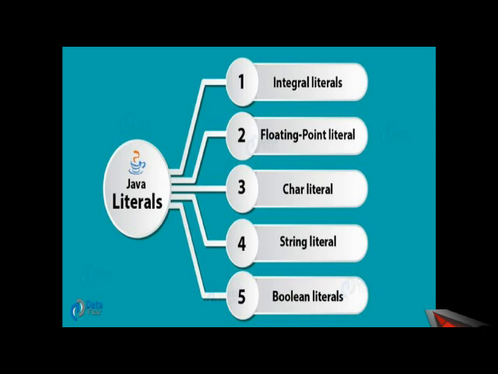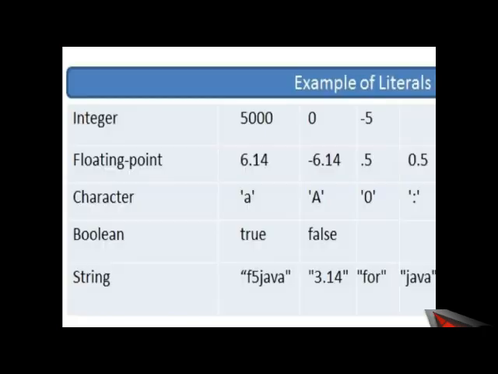As you can see in the slide, the Java literals are of 5 types: integer literal, floating point literal, character literal or char literal, string literal, and boolean literal. Literals are basically constant values that can be used inside the program, but they are of different types.